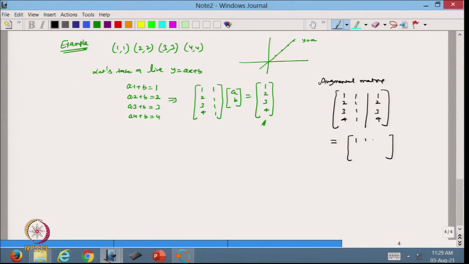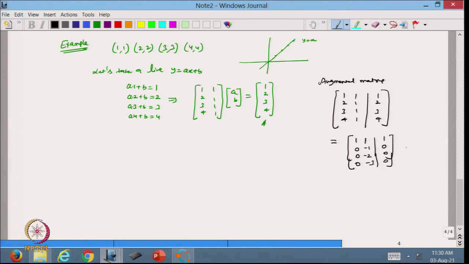So, this is 1 1 1. Now, if I multiply by -2 and add here, it will be 0, -2 plus 1 is -1, and 0. Now it is 0 0, -3 plus 1 is -2, this is also 0, and this is basically -3 and this is 0.